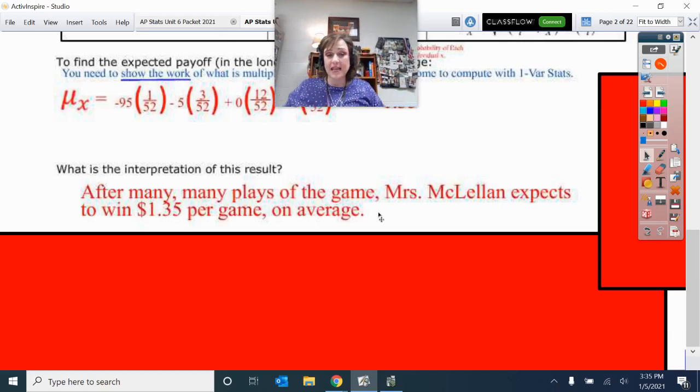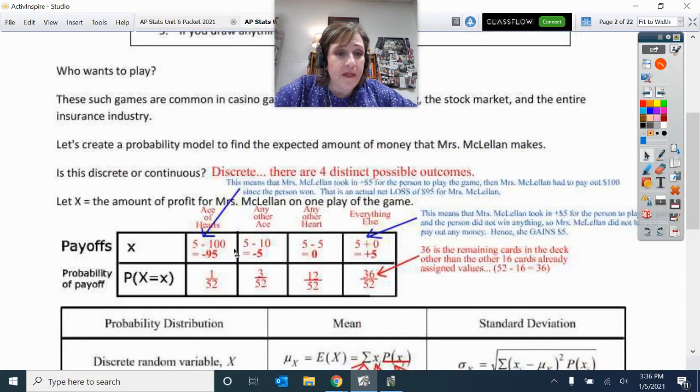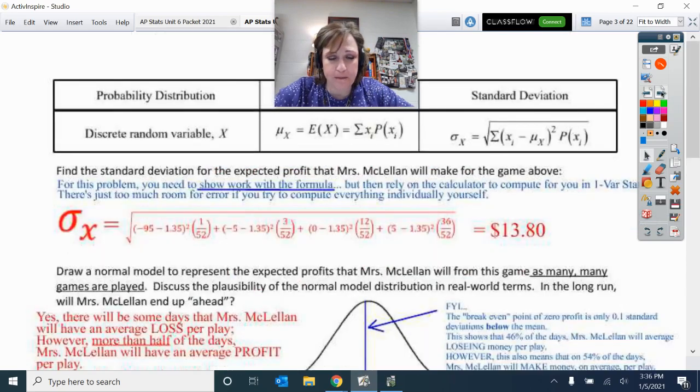Because can I literally win $1.35 when somebody comes up and plays this game? No, that is not one of the discrete possibilities. There are only these 4 events. But once you do that average, then that average becomes continuous. It's important to catch what's happening there.